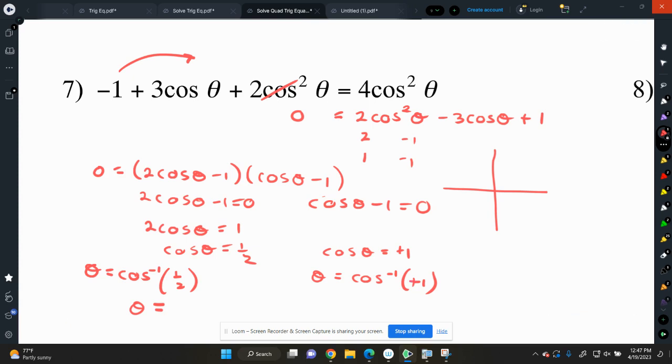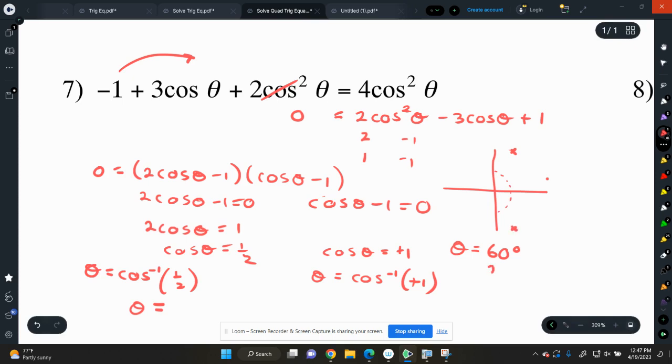Okay, so where is a cosine equal to 1/2? Well, here it's square root of 3 over 2. So that means it has to be right here. So theta equals, what degree is that? 60. And then cosine is positive over here, so I've got to come back down on this side. So we're looking right here also, which is 300 degrees.